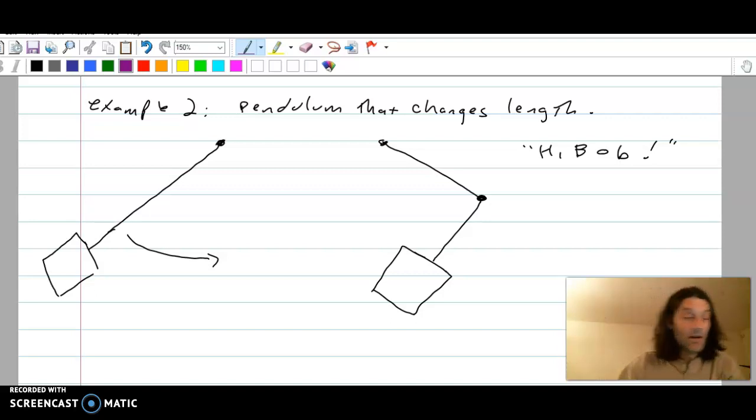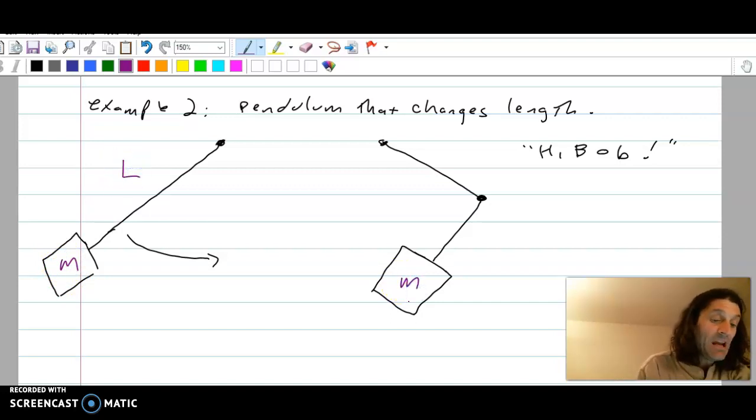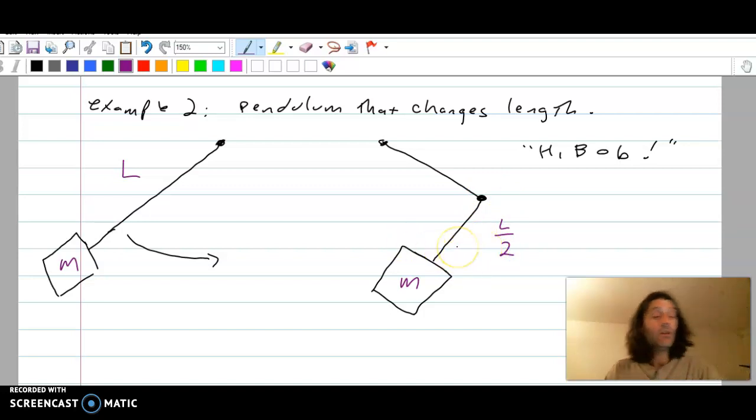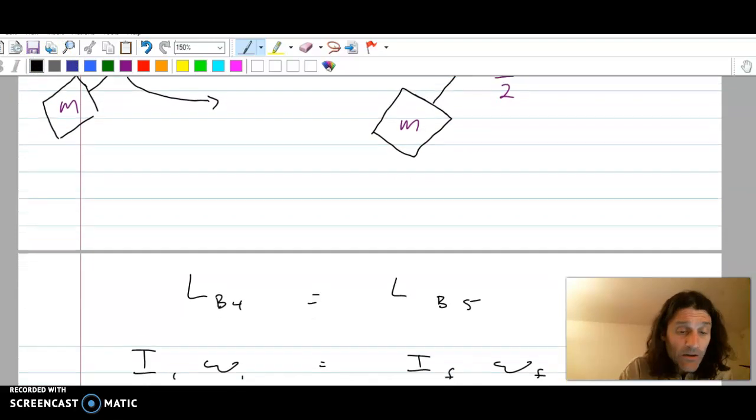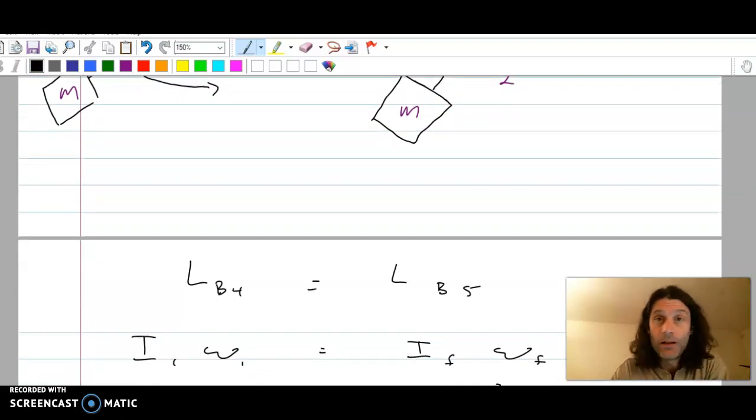So I'm going to have this guy starting here with a certain M, and it has a certain L. Over here, it's the same M, but when I grab it right there and hold it by the string, I'm going to call it L over 2. Now, this is a different length of Bob, or a different radius, if you would like to call it that, but usually pendulums are referred to as L's.